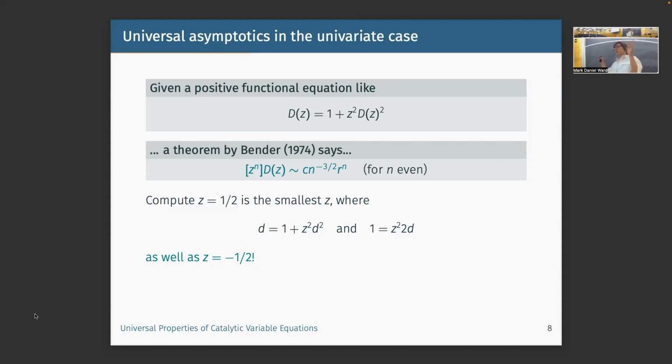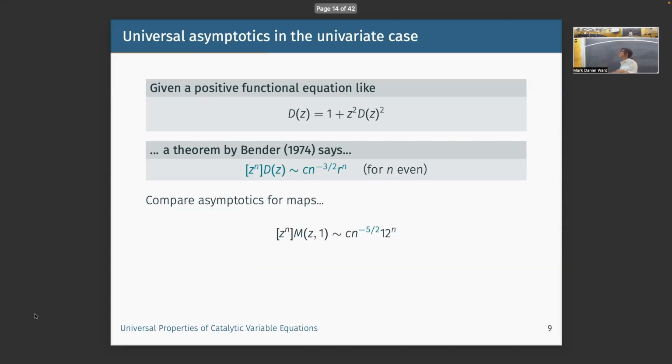Okay, now that we've already talked about maps, let's compare this with the asymptotics for maps. Tutte had computed these in like '68, I think, or something. And they are of the form constant times n to the minus 5/2, 12 to the n. So here we have a completely different exponent, even though we know that the generating function of maps is algebraic.